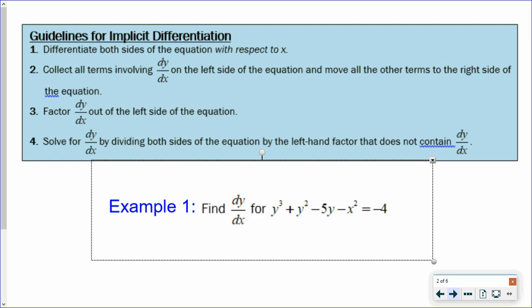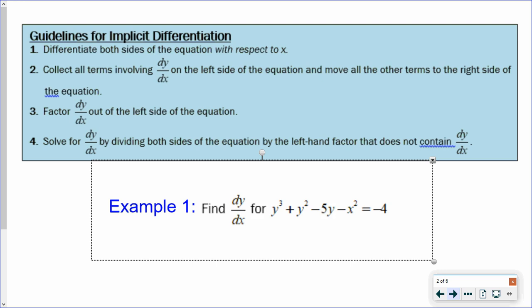That will then allow you to factor out dy over dx on the left side and then solve for dy over dx by dividing both sides of the equation by the left-hand factor that does not contain dy over dx. Okay, now I know that was probably hard to follow, so let's look at an example so you can see it in action.